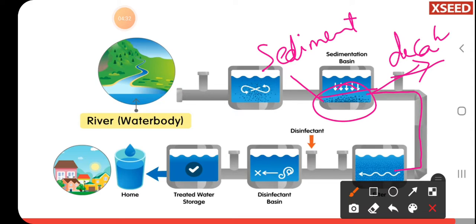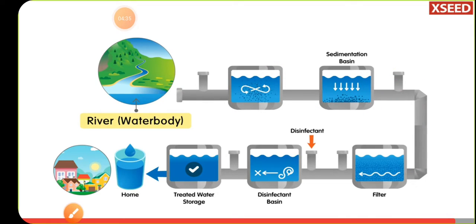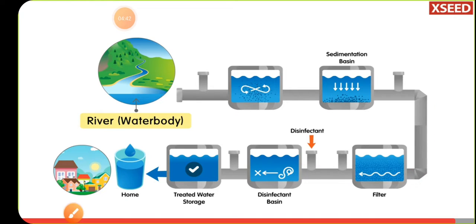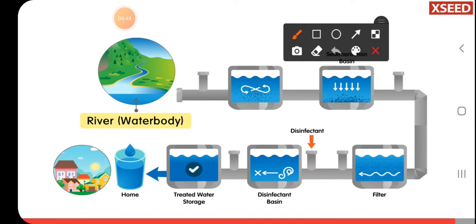Once the decantation is over, the other chamber is the filtration tank, where the lighter insoluble particles are removed. In the sedimentation tank we remove the heavier insoluble particles, and in the filtration tank we remove the lighter insoluble particles.